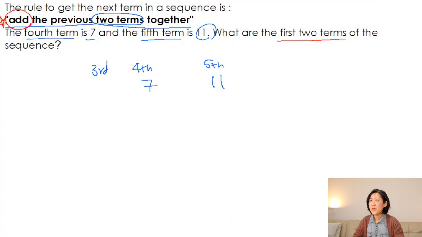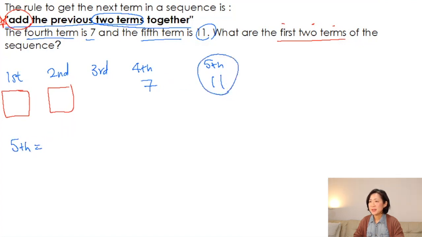So for example, to make the fifth term, what do you need to do? You need to add the previous two numbers. That means we need to focus on the third and fourth, right? The first and second numbers are our final goal. Now let's focus on our fifth term.